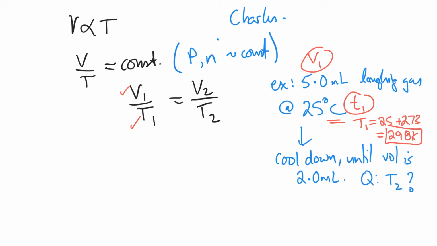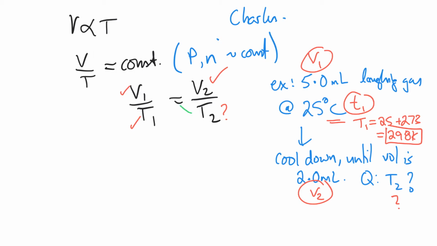We should go ahead and check what we have. We're asked to find T2, so that's our question mark here. And we've cooled it down to a volume of 2 milliliters, so that would be our V2. So we have everything in this problem except for T2. And this is a standard math trick. How do we get T2 by itself? Well, there's a couple of different ways to do it.